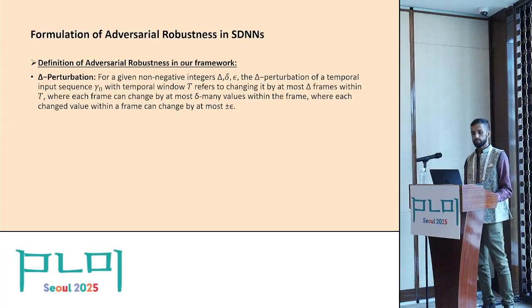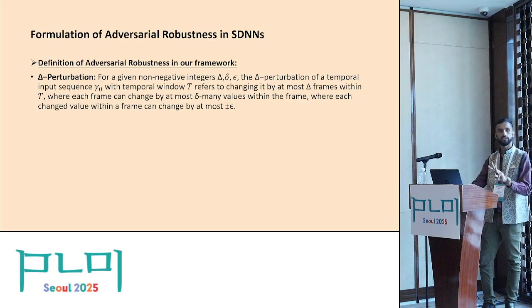It says that for given non-negative integers capital delta, small delta and epsilon, the delta perturbation of a temporal input sequence gamma naught with temporal window t refers to changing it by at most capital delta frames within t, where each frame can change by at most small delta many values within the frame, where each value can change within a frame by at most plus minus epsilon.